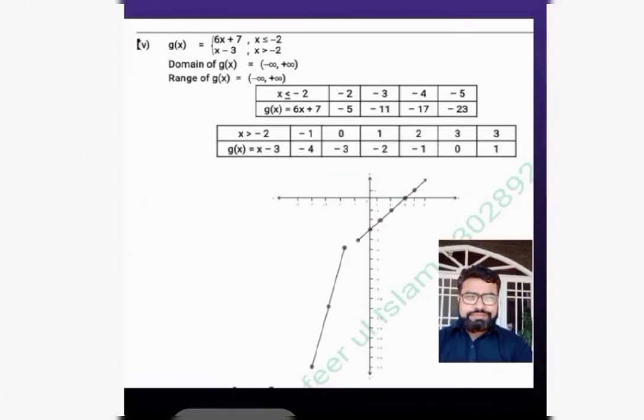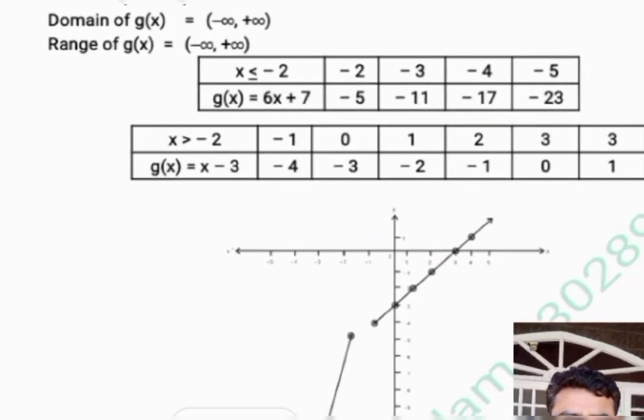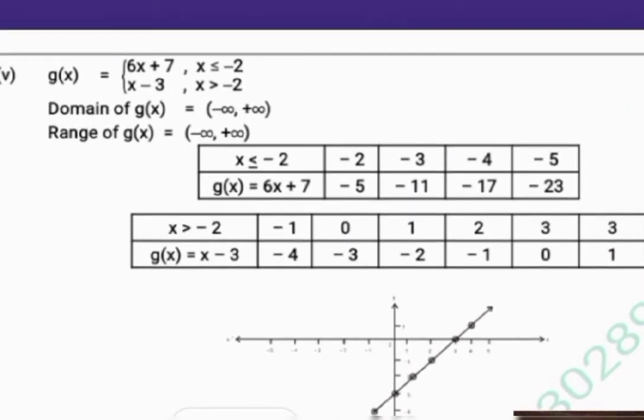Now we will solve the next part. It's a piecewise function. Piecewise function means if there are pieces, it's a piecewise function. There are two pieces of a function, so it's a piecewise function. x is less than or equal to -2 and x is greater than 2.